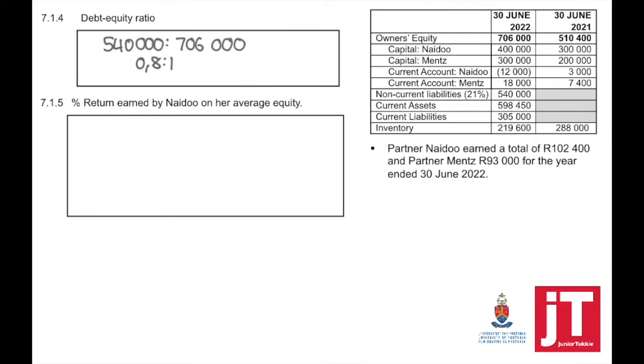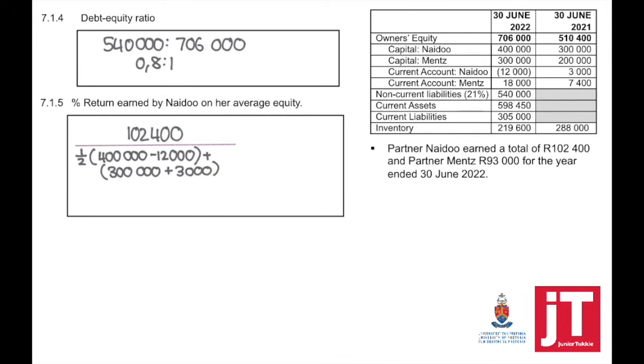Your capital plus a current account if the form of ownership is a partnership. So to calculate this, we start with the partner's earnings, 102,400. Then we need to take the average equity, which is the beginning plus end divided by 2.